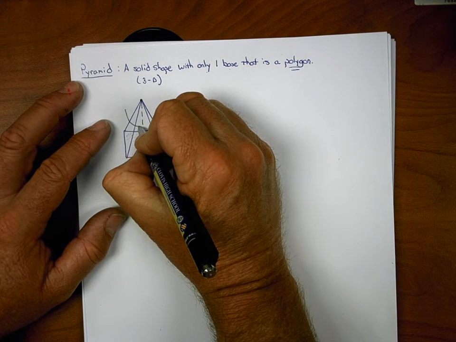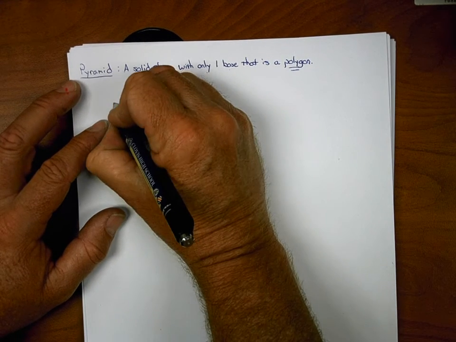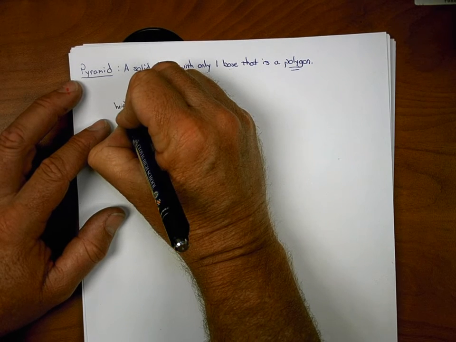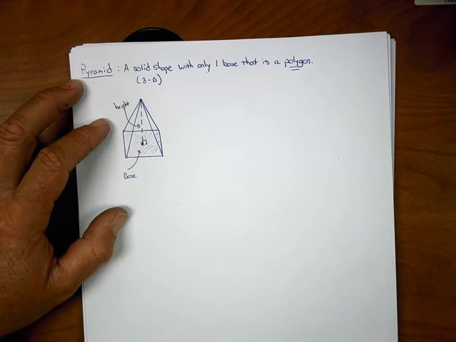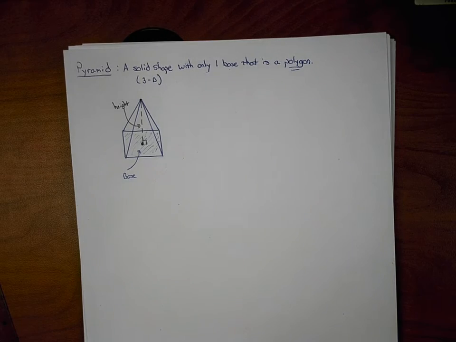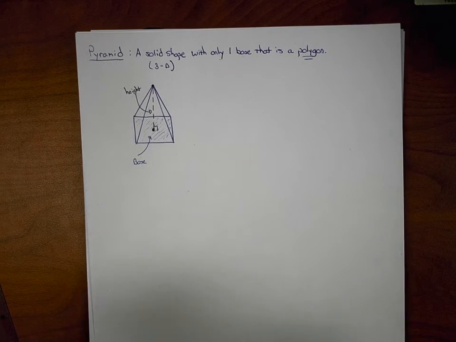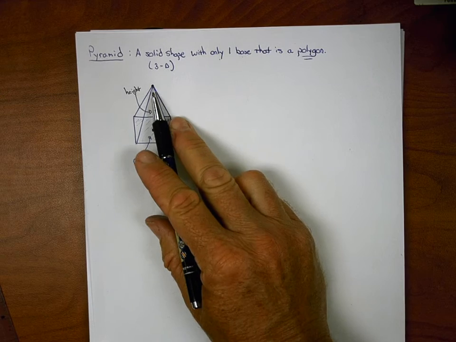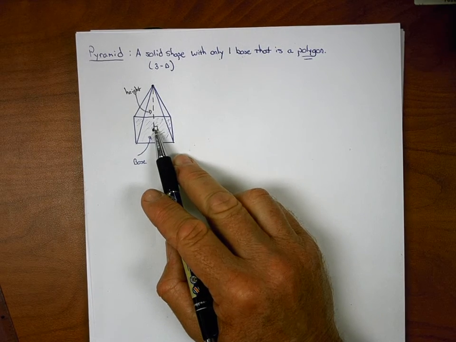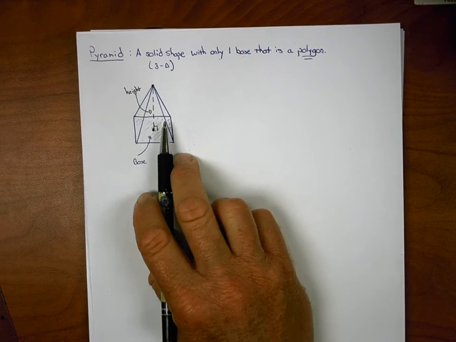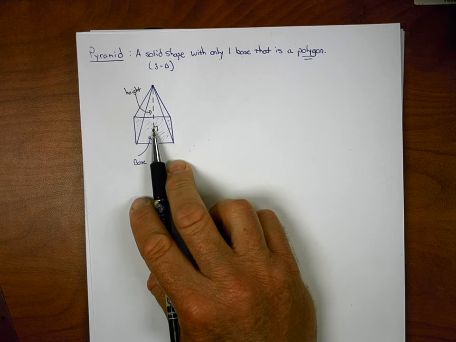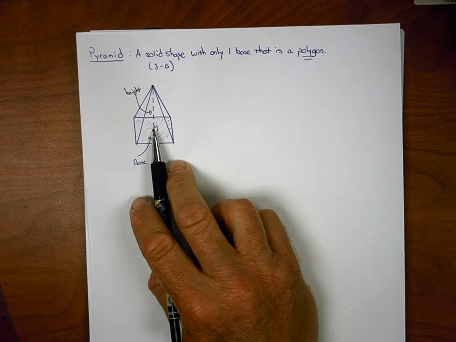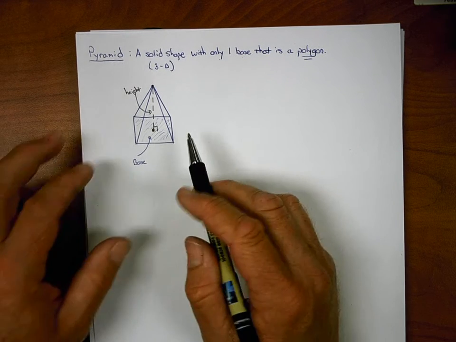So that line right there is what we would call the height of the pyramid. Keep in mind, where is the height of a pyramid? Well, it is inside the actual pyramid. How do you know something is a height of a pyramid? Well, it's going to be the height if you see the 90-degree mark, like I'm showing you right there.